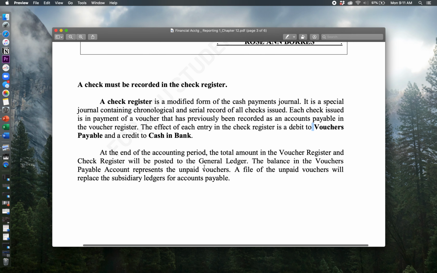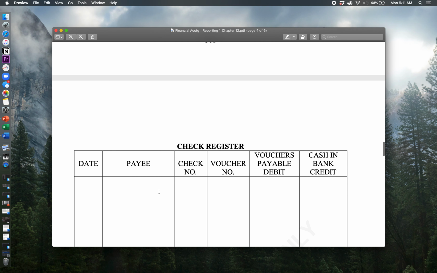At the end of the accounting period, the total amounts in the voucher register and check register will be posted to the general ledger. The balance in vouchers payable represents the unpaid vouchers. A file of the unpaid vouchers replaces the subsidiary ledger for accounts payable.